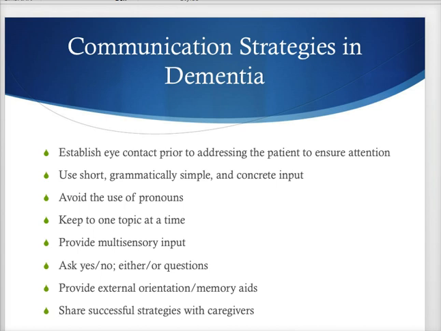We also want to avoid the use of pronouns, keeping to one topic at a time, providing visual and tactile sensations to enhance comprehension, providing illustrations or photographs, writing down keywords, using gesture demonstrations, and providing multiple external cues, such as name bracelets, reminder signs, and calendars, especially in the early phases. And we want to share whatever successful strategies we have with caregivers.